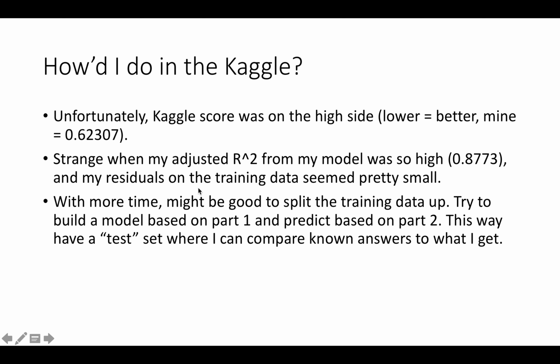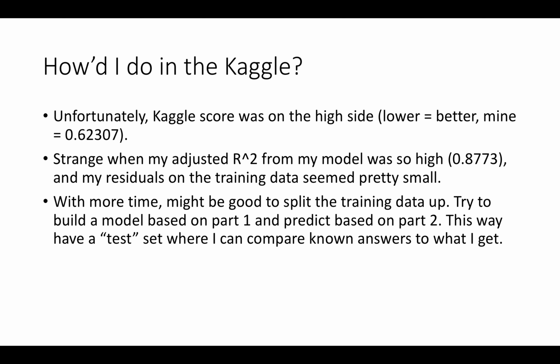So if I'd had more time for this assignment, and I might do this on my own in the future, I might try and split the training data up. So the idea would be to take part of the training data, build a model based on that, and then try and predict for the other part. So then this way, I would also have a test set where I actually know the answers, and maybe I can figure out what I did wrong.